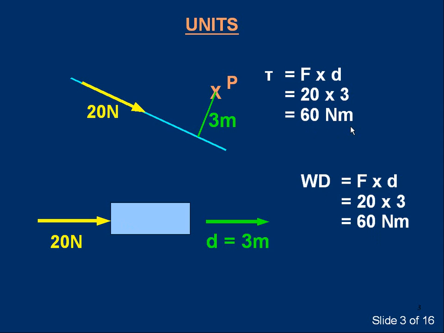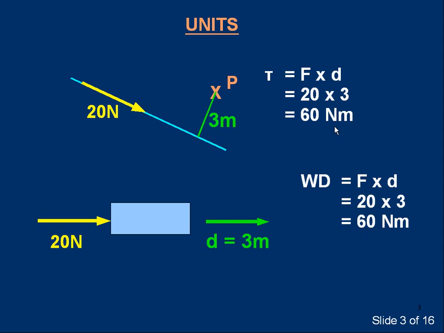This 60 newton meters at the top means the turning effect, the moment or torque. This 60 newton meters means the amount of energy transferred. It would be the amount of kinetic energy that the object has acquired in this example. So newton meters is a unit with two different meanings.